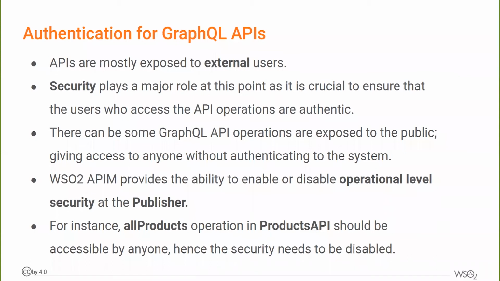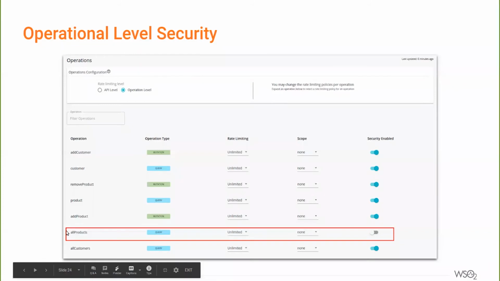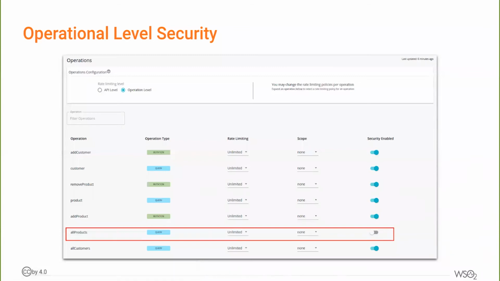Considering these requirements, WSO2 API Manager facilitates enabling operational level security at the publisher, and provides the authentication mechanisms as required. So this is how you can do that. As you can see in the image, we have disabled the security for the all products operation, as this operation should be accessed by anyone without authenticating to the system.